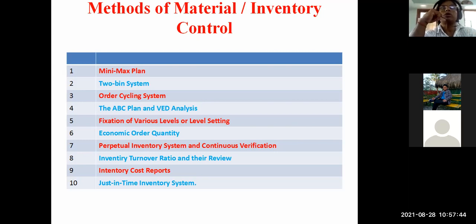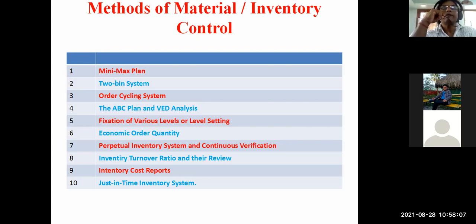Carrying cost means holding cost, and buying cost means ordering cost. When buying cost and carrying cost are equal and total cost is minimum, that quantity you purchase is known as economic order quantity. There is a formula we shall be teaching you in a separate class. Only with EOQ we can take one class.